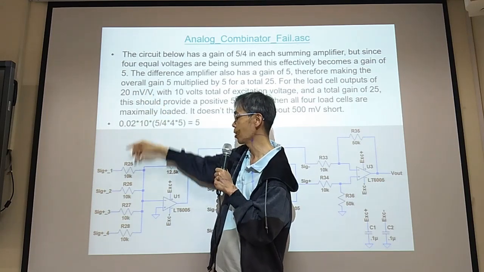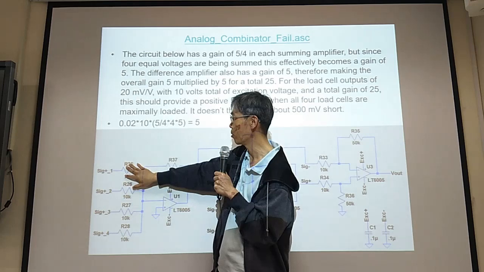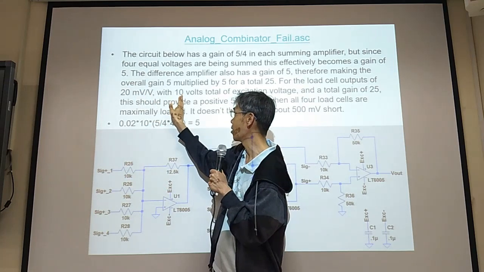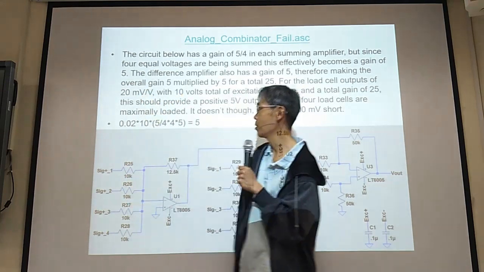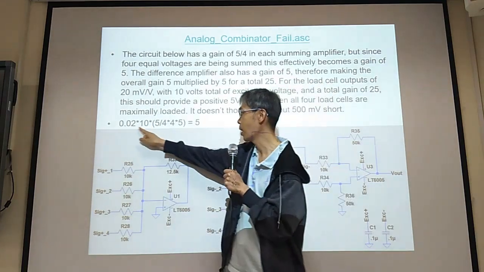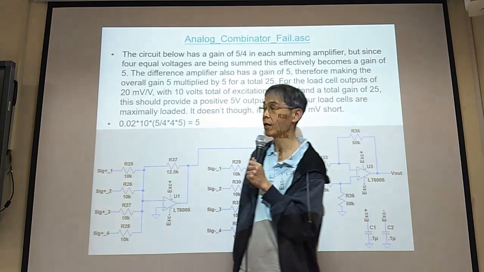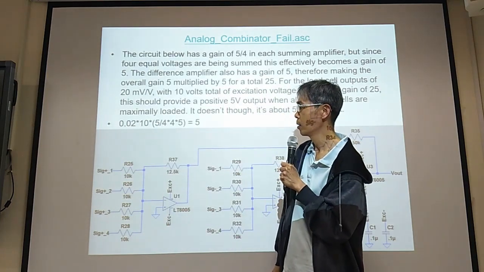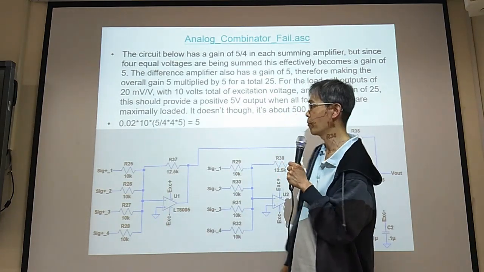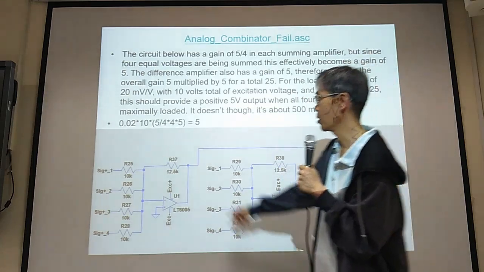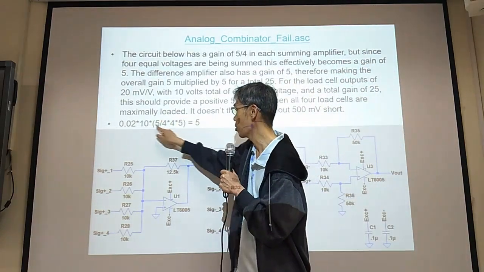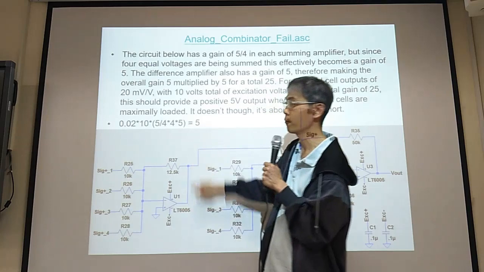So the output of the Wheatstone bridge is 10 times this number, 20 millivolt. So 0.02 volt times 10 is 0.2 volt. And then 0.2 times 25 equals 5.